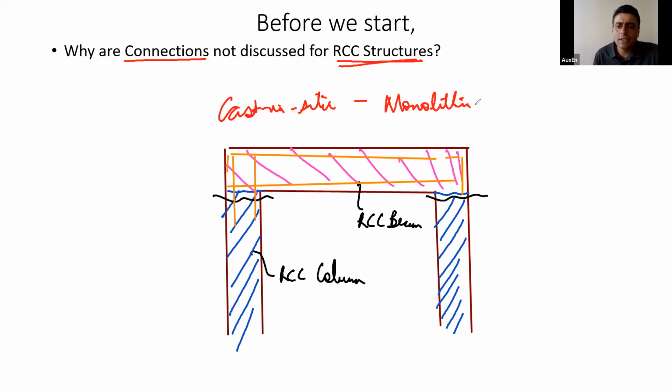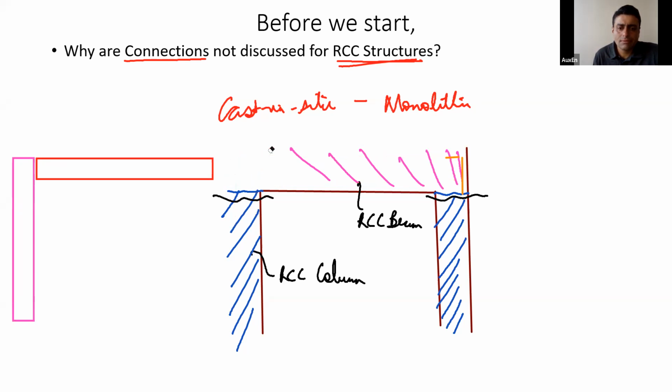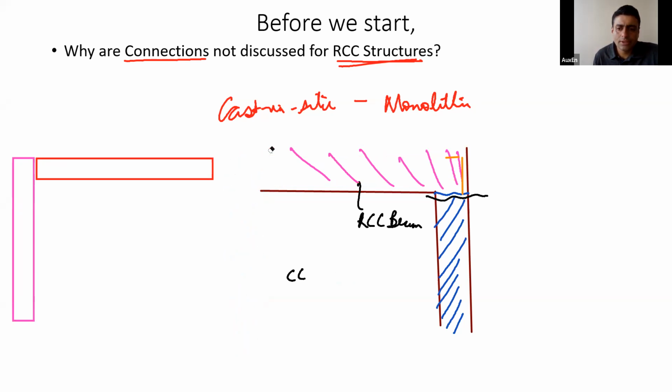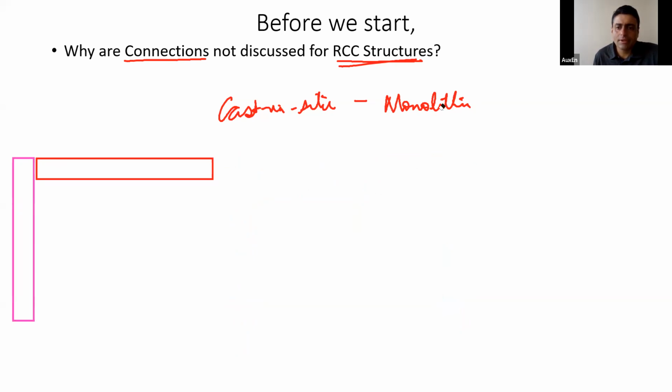Because in steel structures we have dissimilar, heterogeneous, different elements that we have to join, correct? Let's say I have shown you three different elements, assuming this to be the elevation.